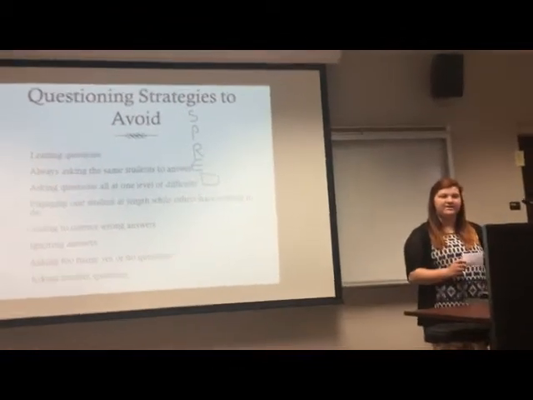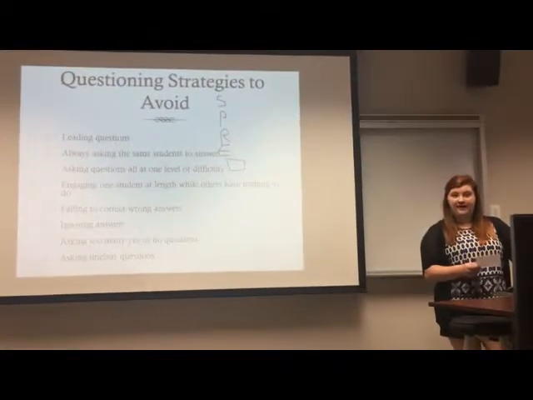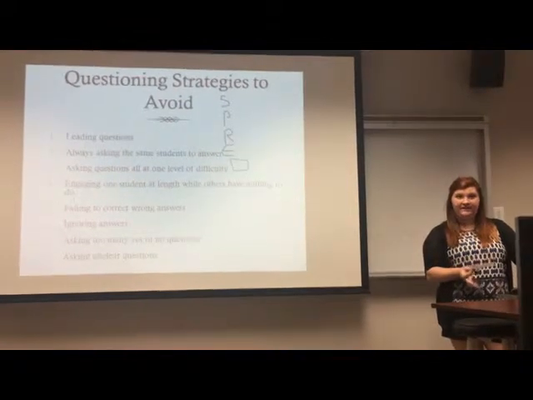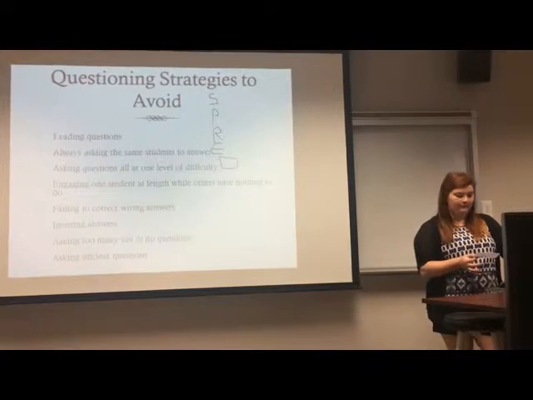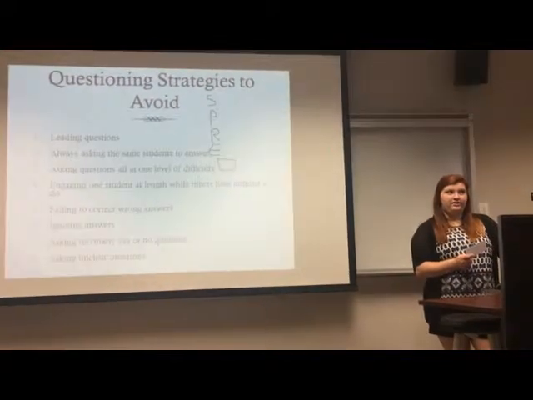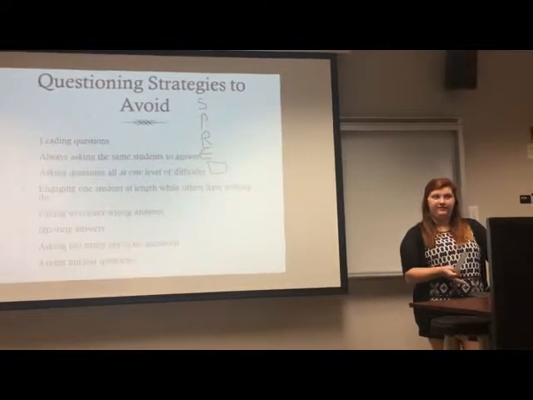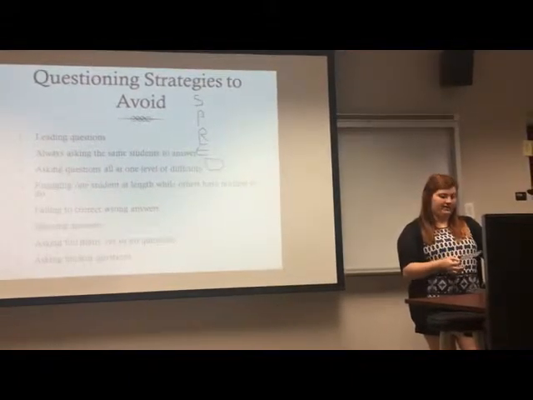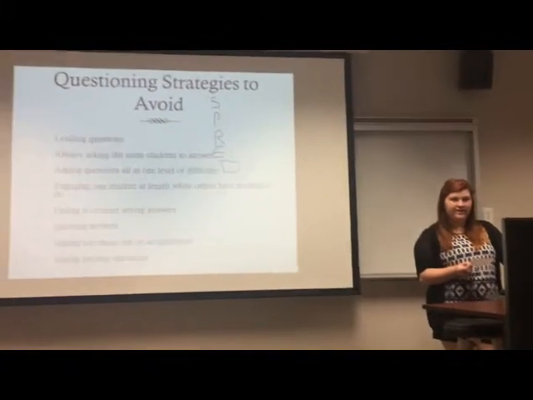So the S stands for seek out evidence. You want students to be able to explain why their answer is their answer, why they chose that, which is a big part of Common Core now. Predict. So some questions you could ask them to make predictions about what they think is going to happen next, and so on. R is relate concepts.